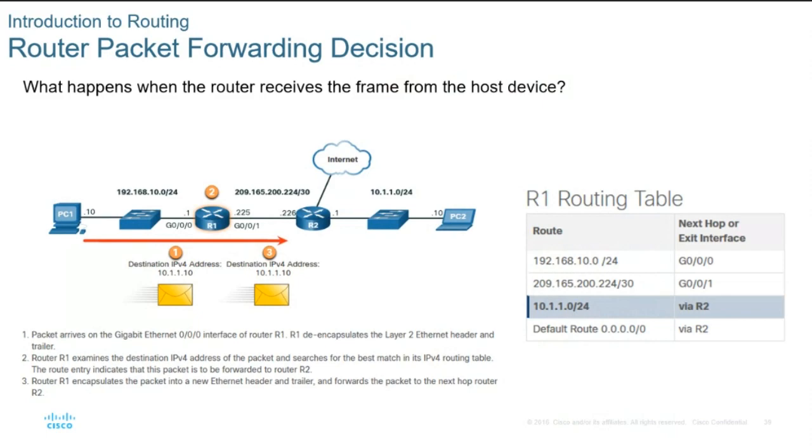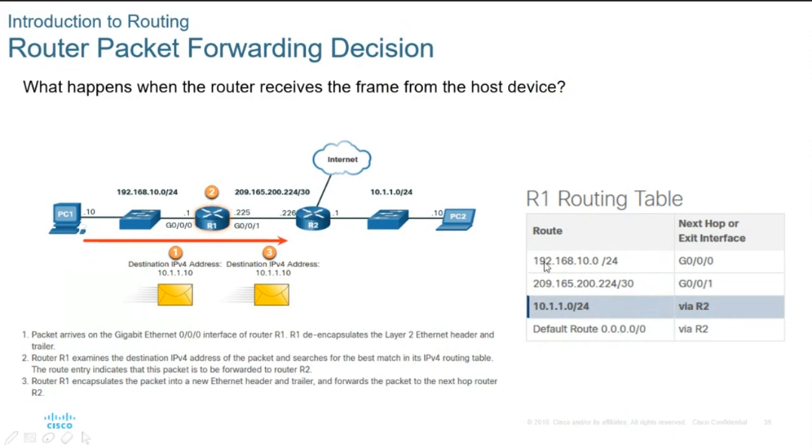The router examines the destination IP address of the packet and searches its routing table to determine where to forward the packet. So, our R1 has a routing table.